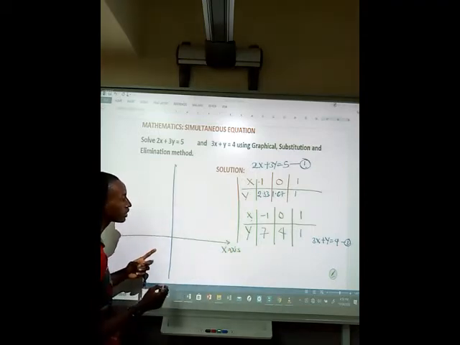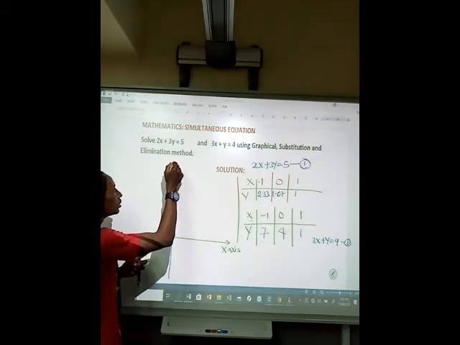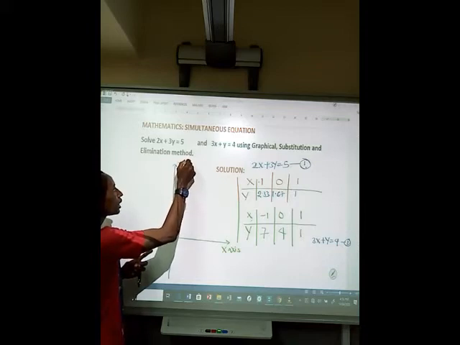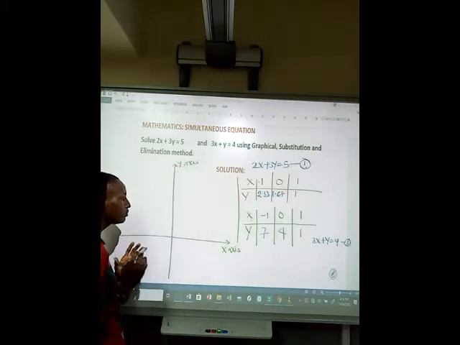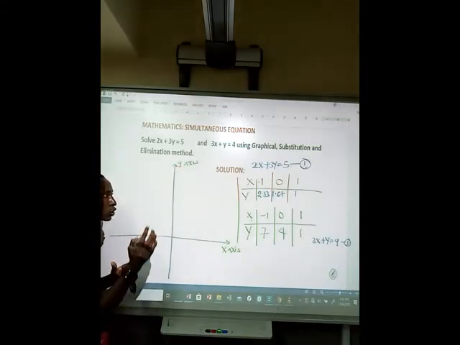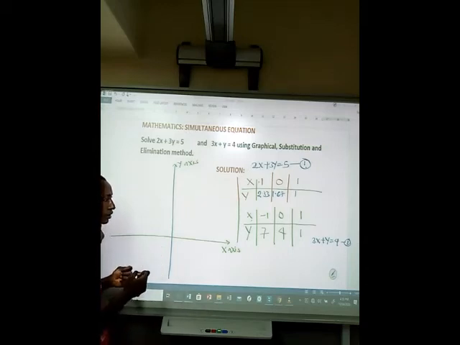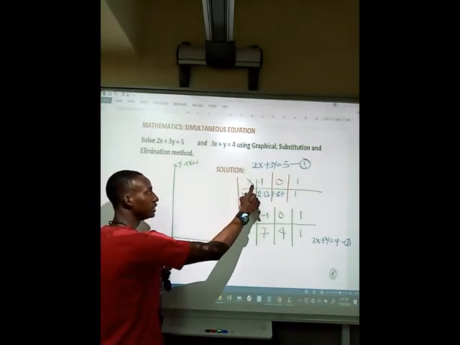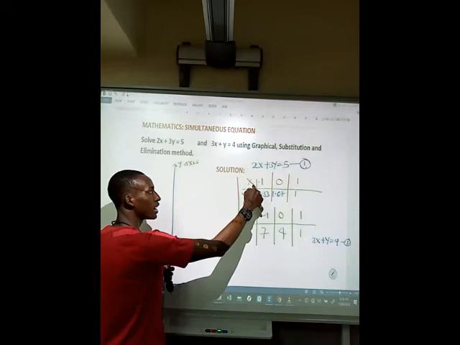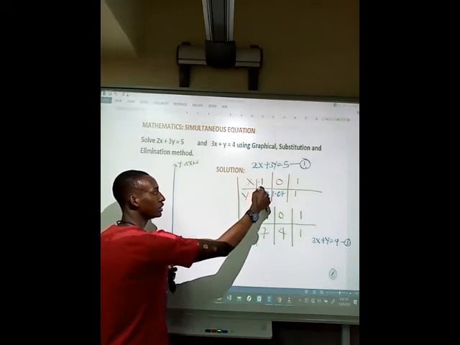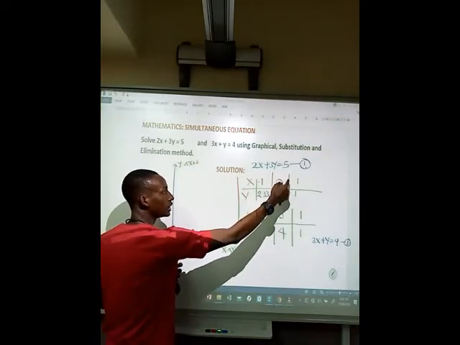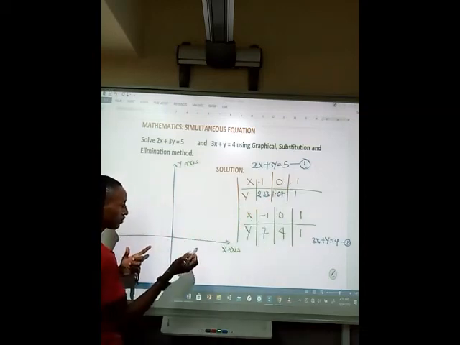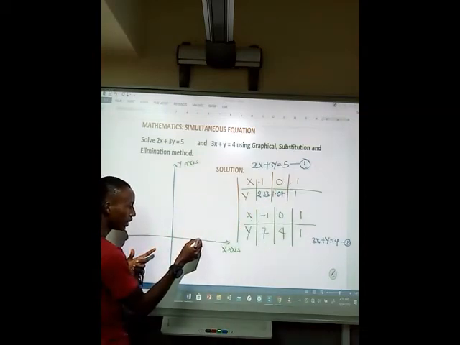It is also important that you indicate your y axis. Now let us plot out our numbers. Do not forget that the lowest value of x I have here is -1, and the highest is 1.